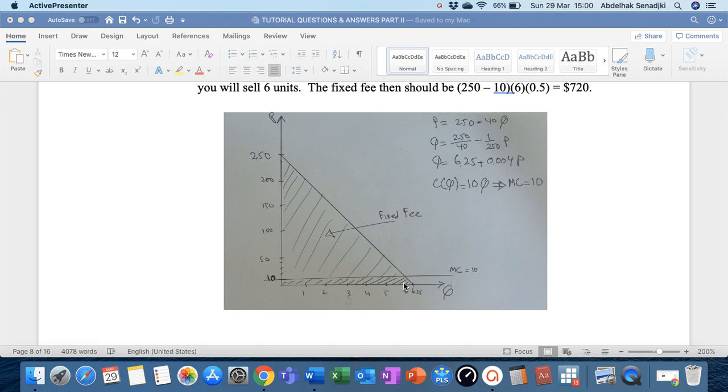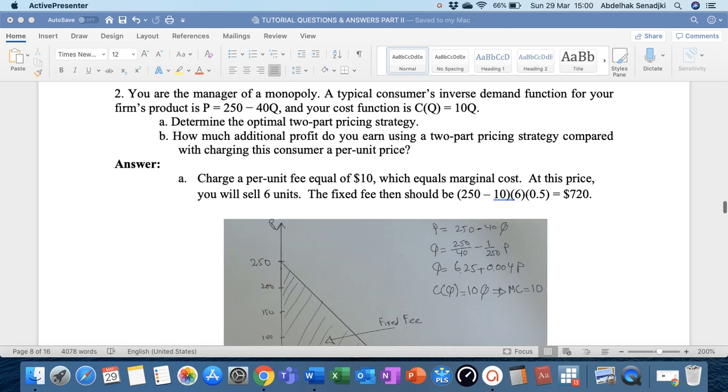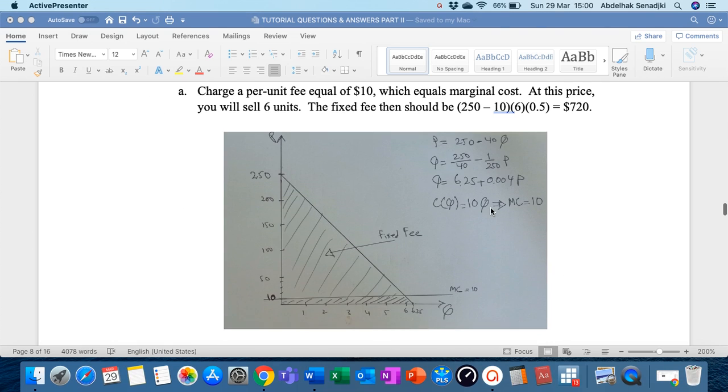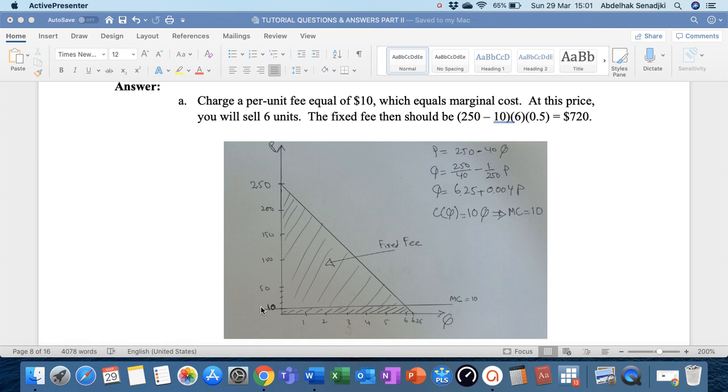Okay, but now, since we are going to charge using a two-part pricing strategy, the firm will charge 10 per unit and charge a fixed fee of this.